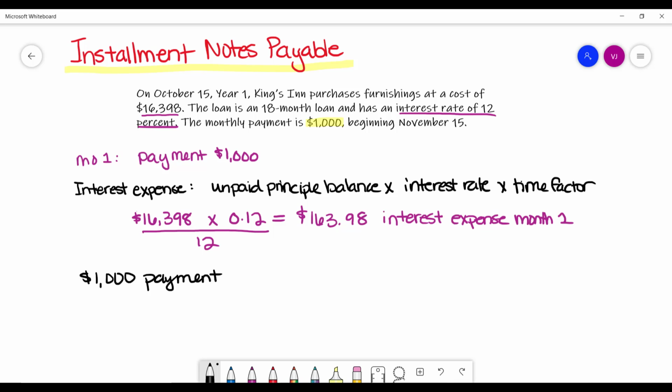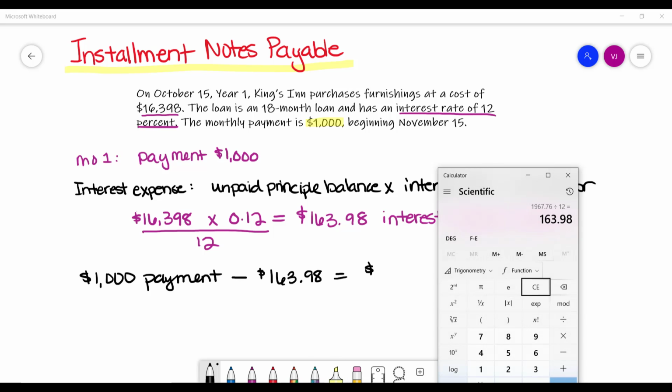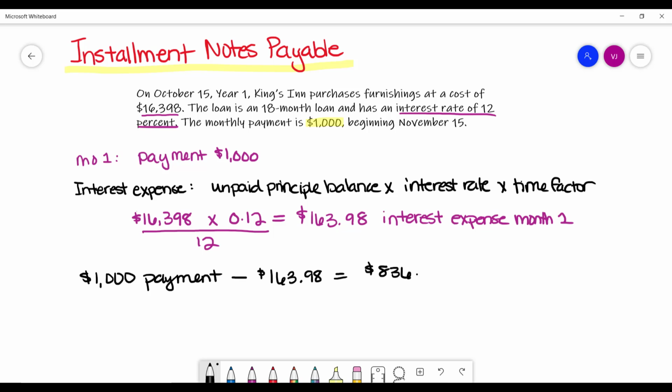The remainder of that will go to pay off the loan. So when we take that payment, we're going to subtract out the portion of it that represents interest to find out how much we're actually getting to pay off on our loan. So $1,000 minus this $163.98, that's $836.02 that we will reduce the loan amount. So that's a reduction in our principal balance.